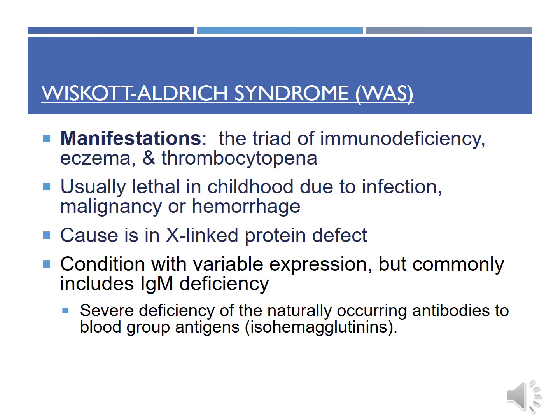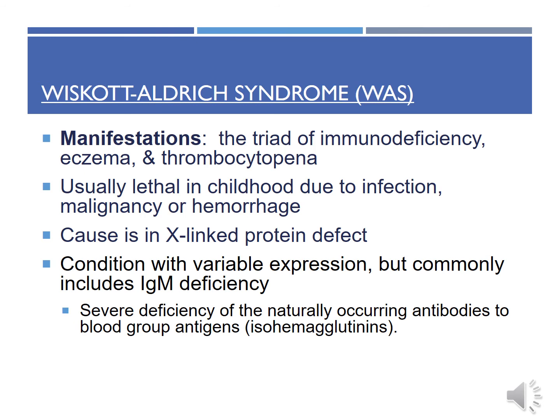Now, there are abnormalities in both the cellular and humoral branches of the immune system, generally related to a defect in antigen processing. So if there's an issue with antigen processing, then these B and T cells don't know what to look for, right? They can't proliferate and differentiate.